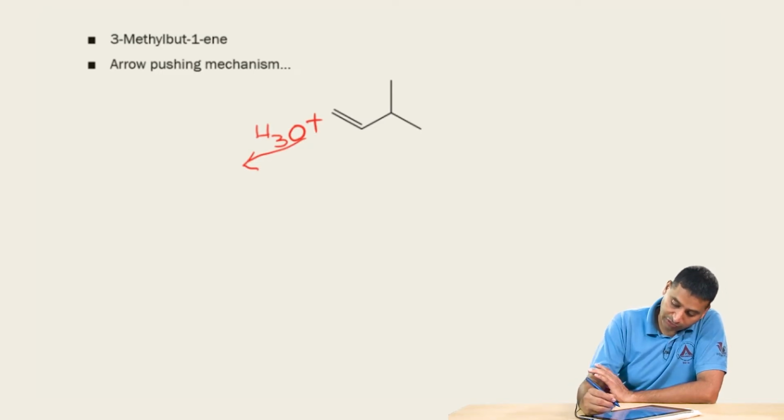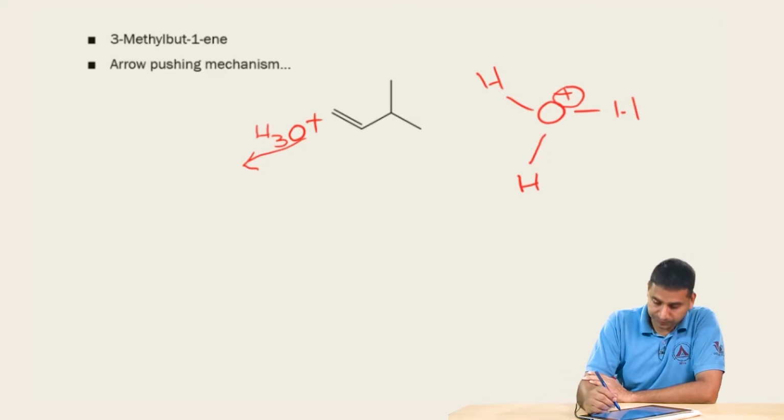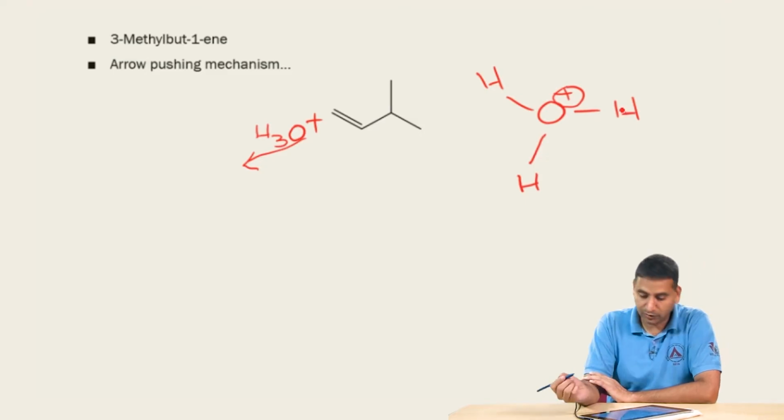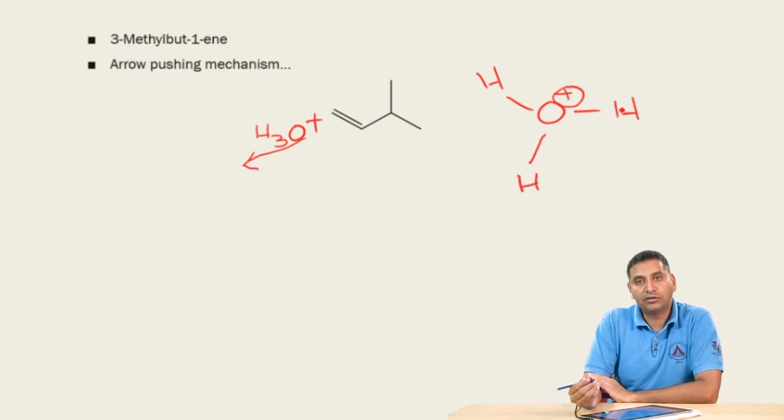Just to draw out H3O+, it is O, H, H, this is water, and water has 2 lone pairs, and one of the lone pairs is donated to H+, and so you get H3O+. Okay. So, this H3O+ is basically protonated water.